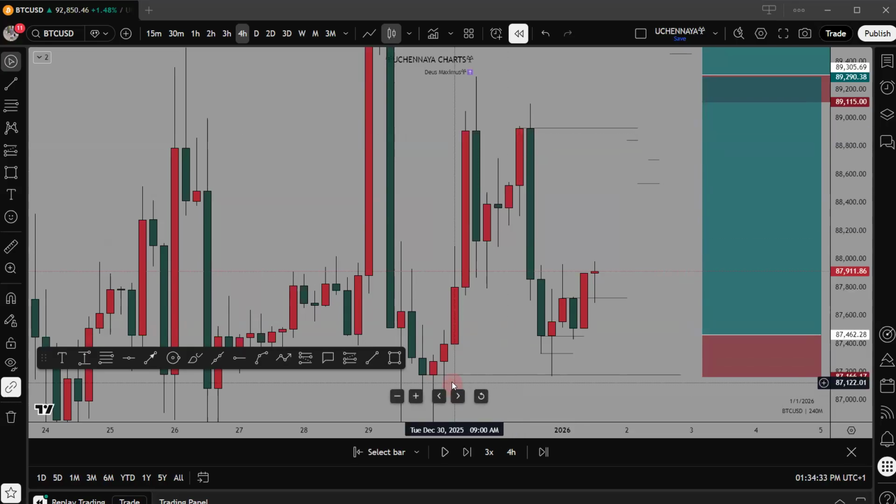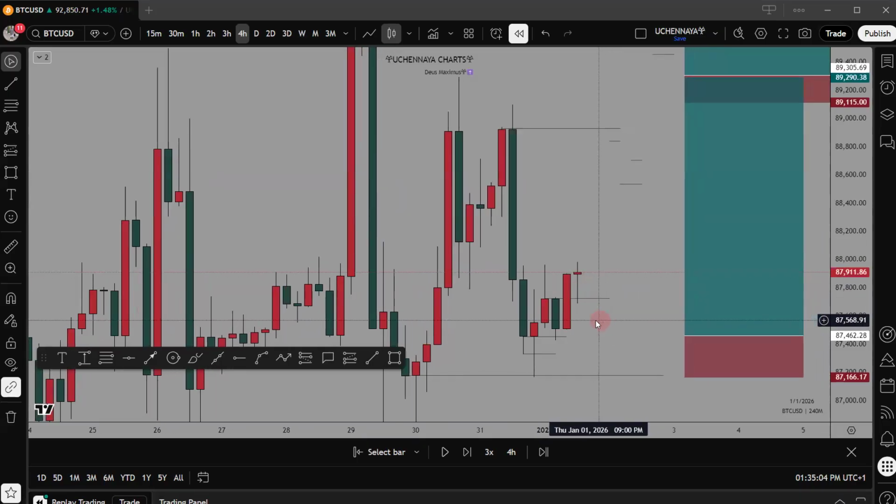But if a higher time frame structure is there before that resistance, please consider that higher time frame structure first before you start considering that of the daily. But the storyline usually ends with the time frame that it begins with. The storyline ends with the time frame it begins with.